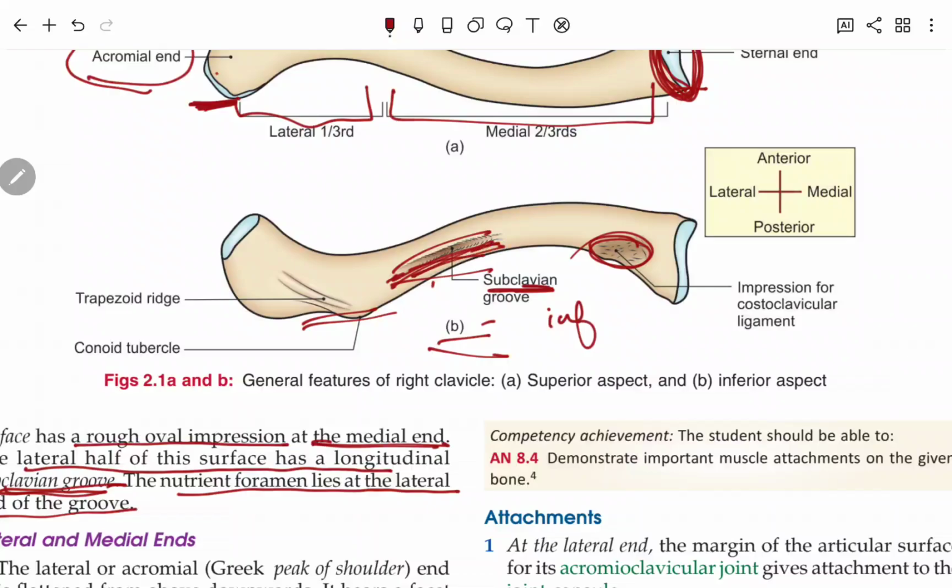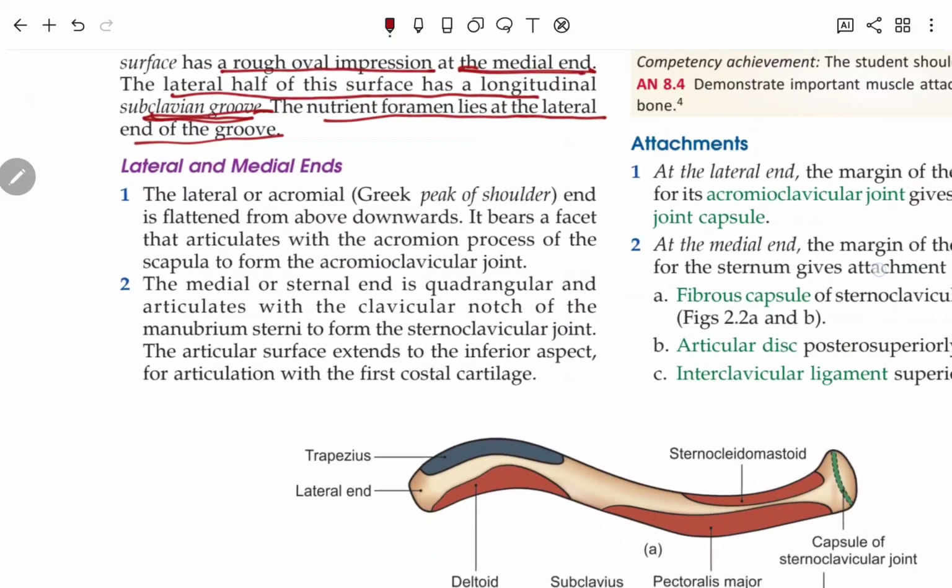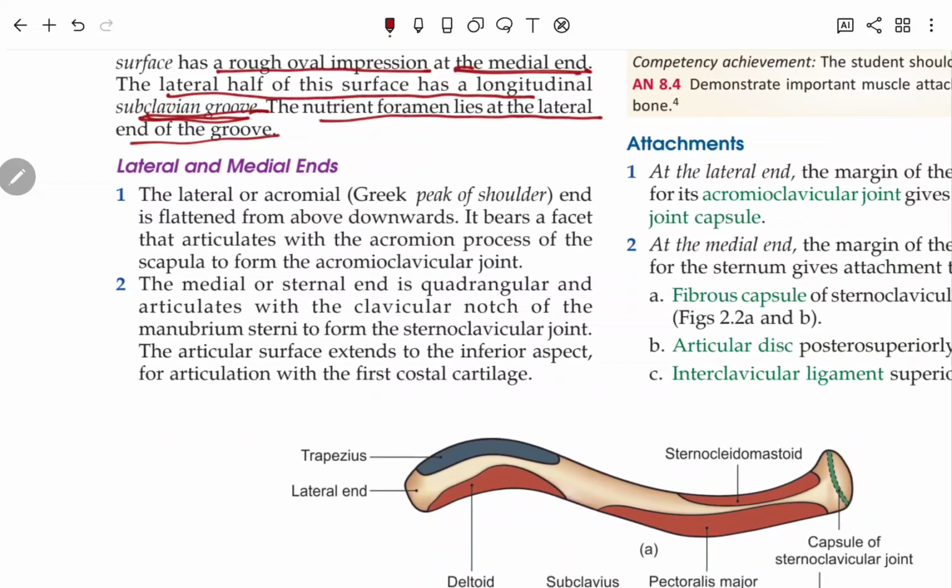The subclavian groove is almost in the middle aspect. The trapezoid ridge is on the lateral aspect and the conoid tubercle is a little pointed. The ridge is longer, but this mountain-like formation is called the tubercle. Just remember the words, you need to go through them once again, and connect each and everything.